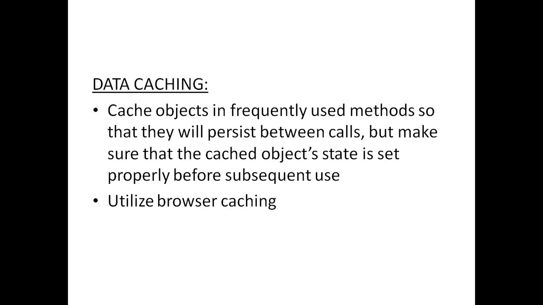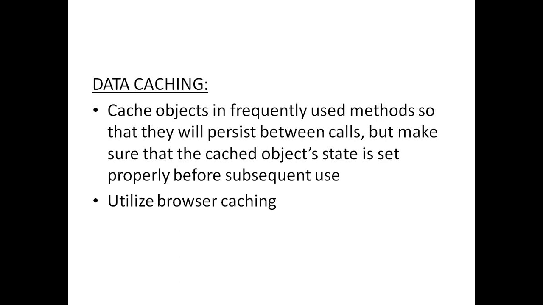So we will discuss data caching. Caching of data improves the performance, but at the same time there are memory constraints. You cannot keep on caching objects to an infinite limit; there is some limit.